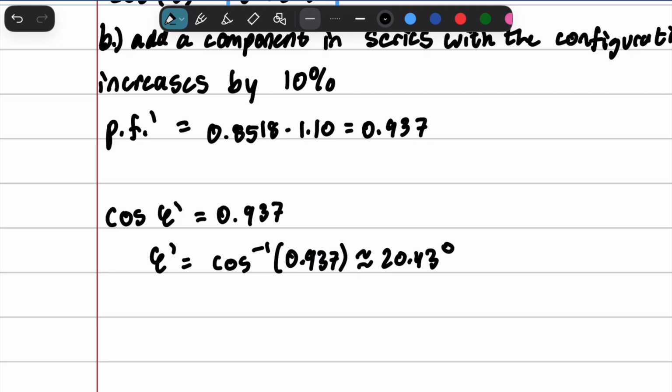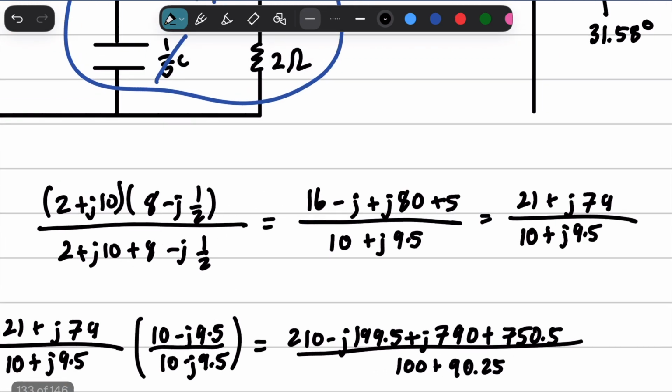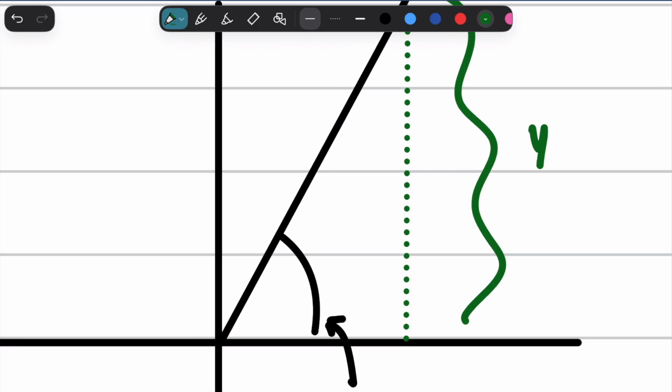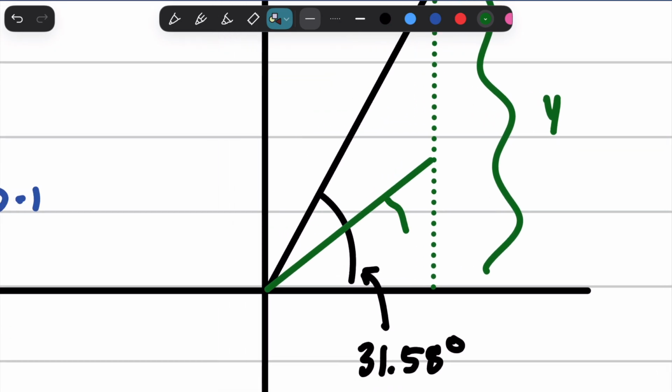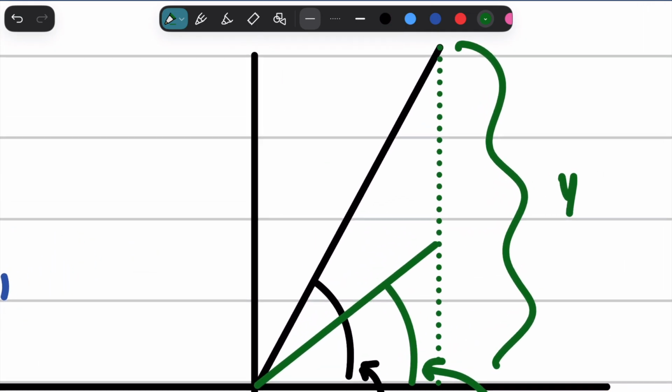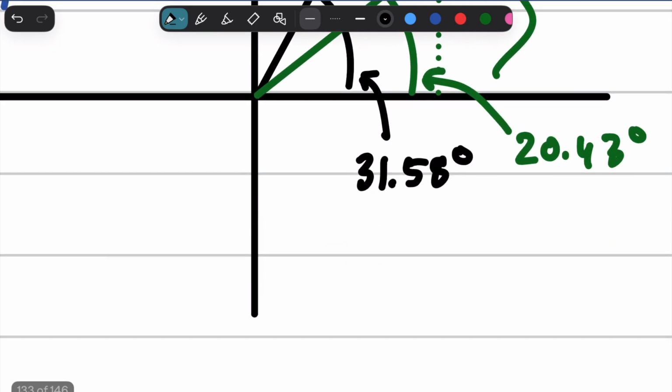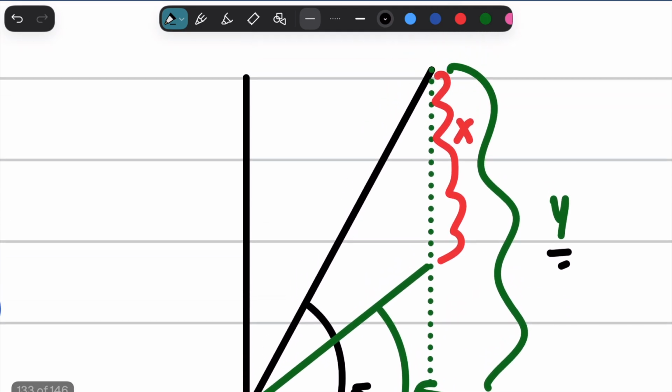The next thing that we're going to do is graph this, right? We want to go down to 20.43 degrees. And the way that we're going to do that is we're going to subtract this x portion, kind of like what we did before, except this time y is positive, so we have to subtract the x, whereas down here y was negative, so we'd have to add the x to remove that portion.